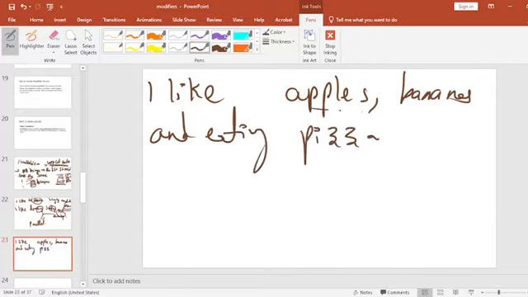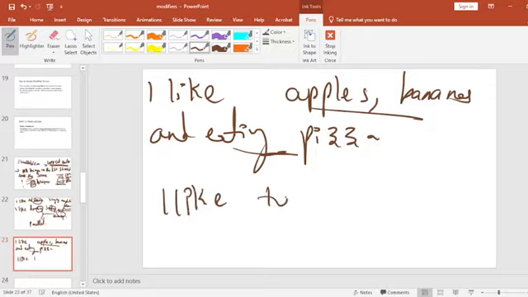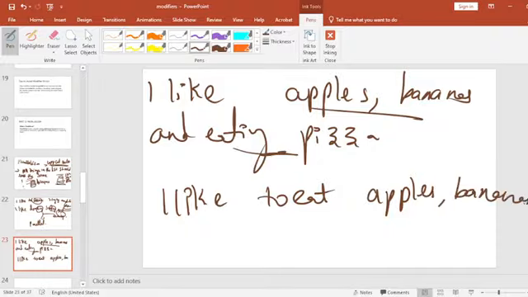So these two are things, and here an action is being given. Is it right? No. So how can you make it right? I like to eat apples, bananas, and pizza. So everything right now is of the same kind.